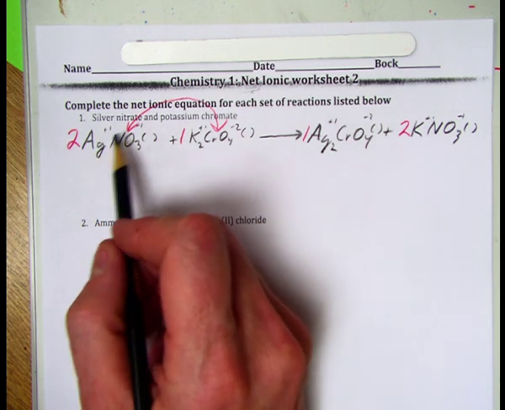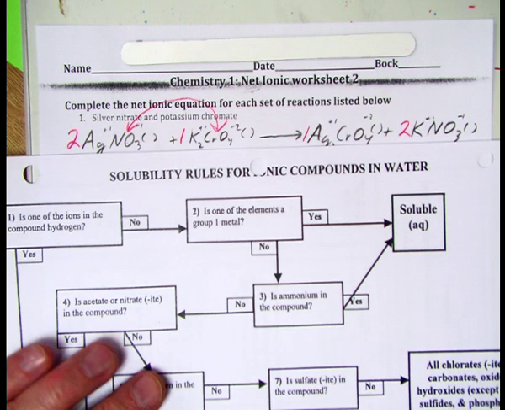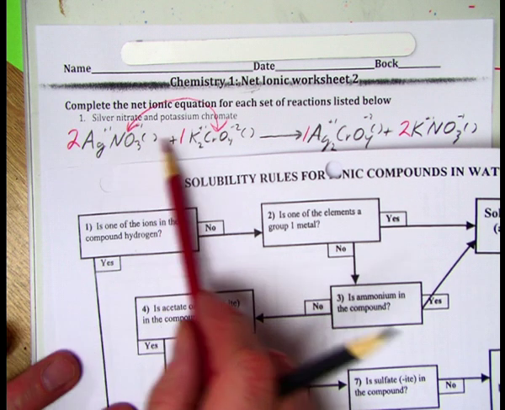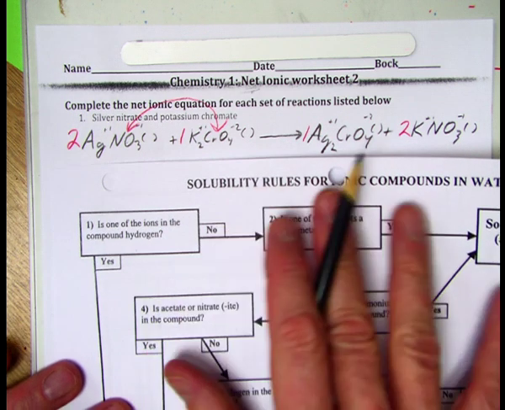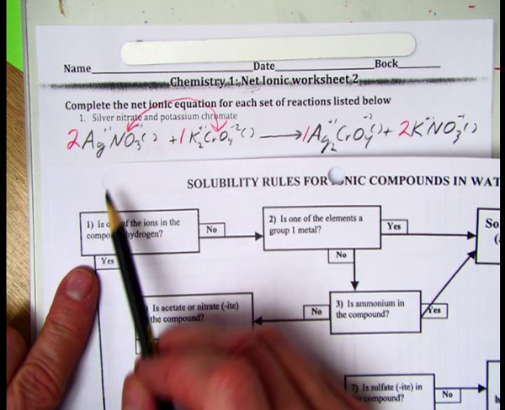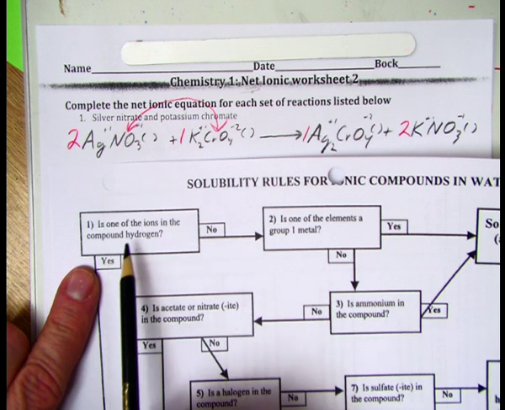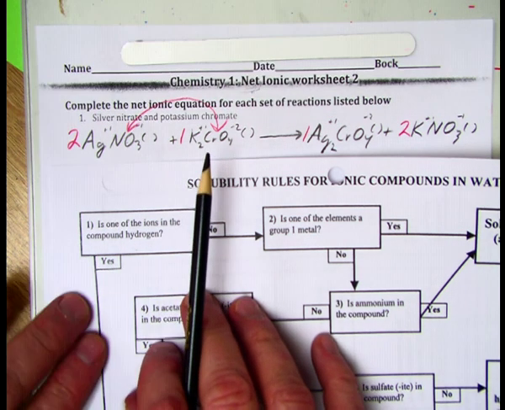Now it's up to finding what has actually changed. Remember, that involved finding whether things had changed their state. So we need to find the state of matter for all of these things. We're just going to follow the flow chart, start with question 1 and move on down, and you have to do it for every single compound. This is silver nitrate.